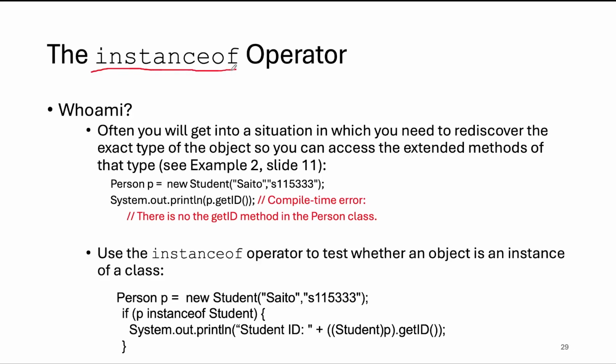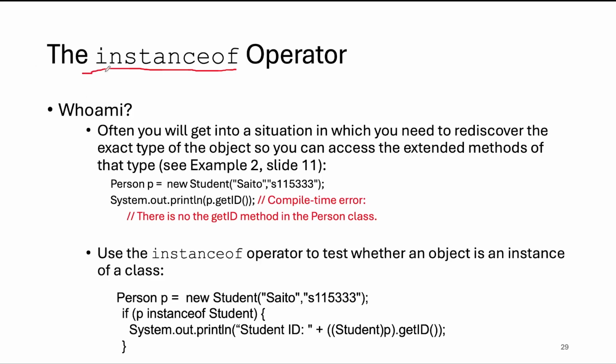This operator is the same as the whoami command in operating systems like Linux. Because if an object is taking many shapes or names, it becomes important to know which class a particular object belongs to. To identify it, we use instanceof.